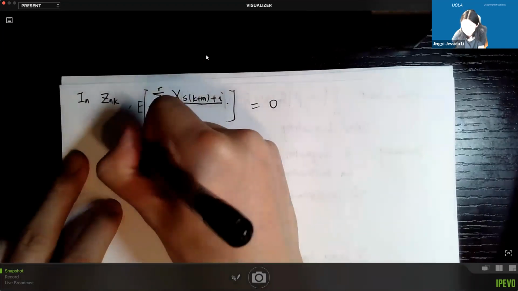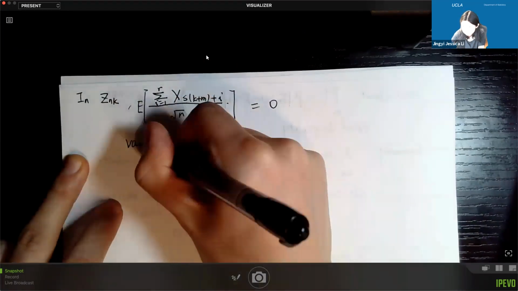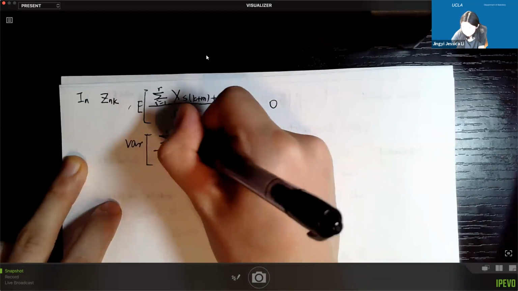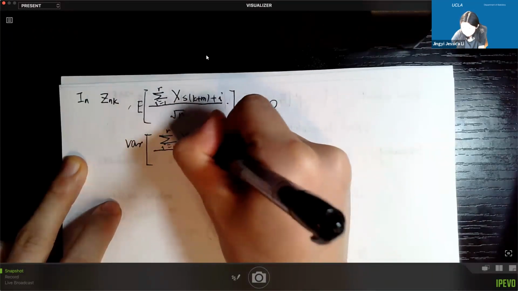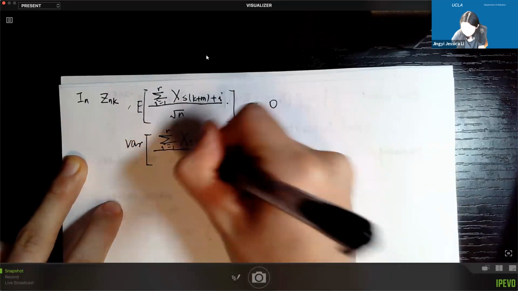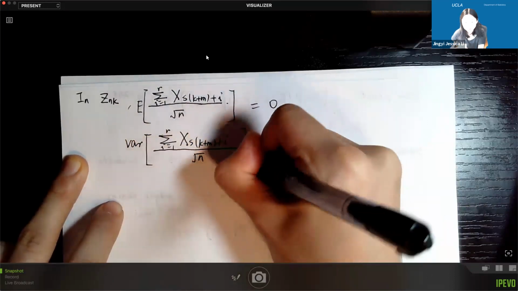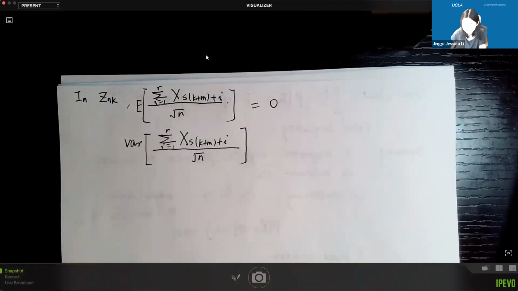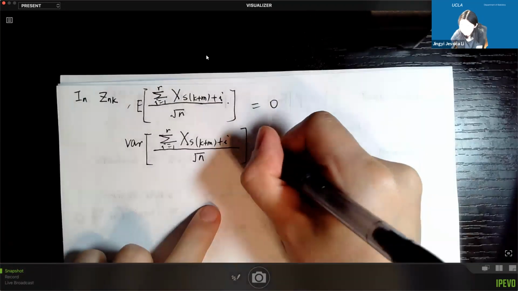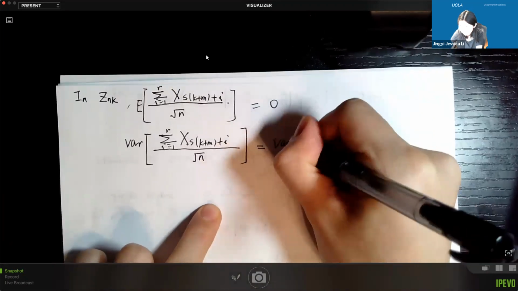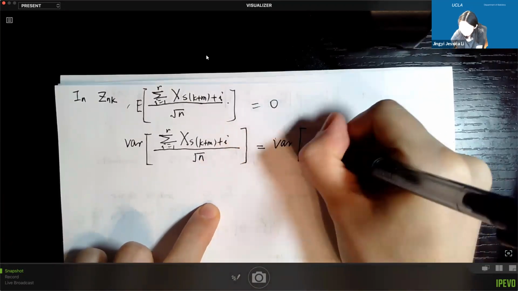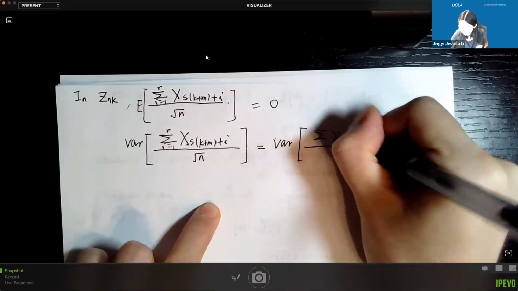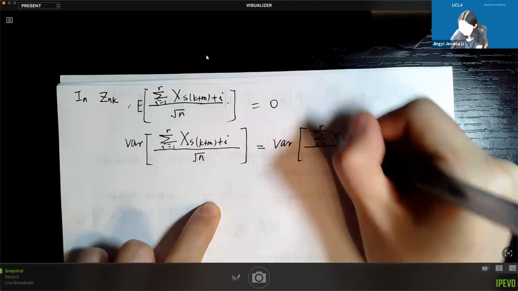How about the variance? We know by stationarity it's basically equal to the variance of the sum of xi, i from 1 to r, root n, right?